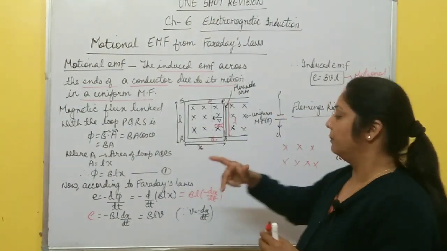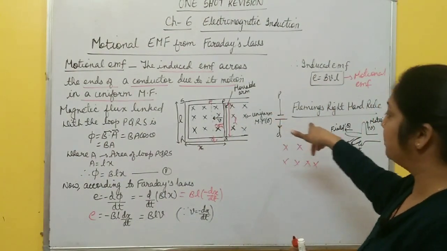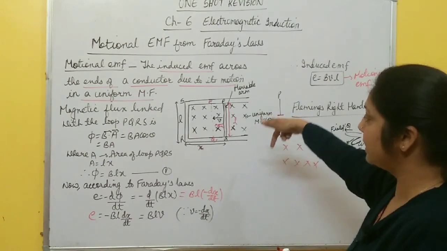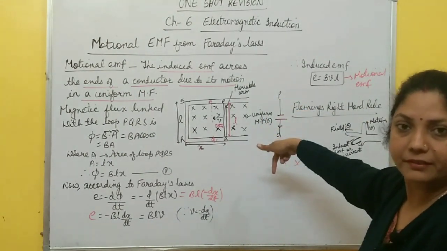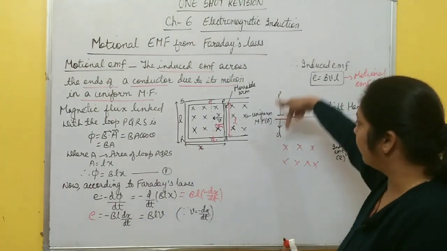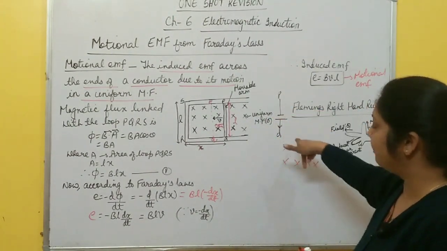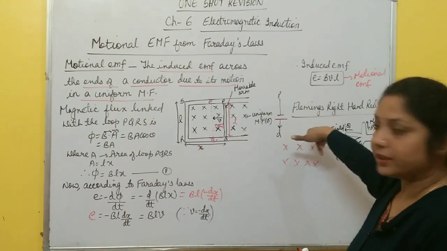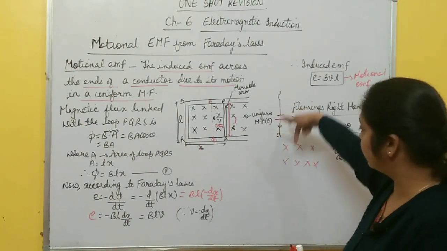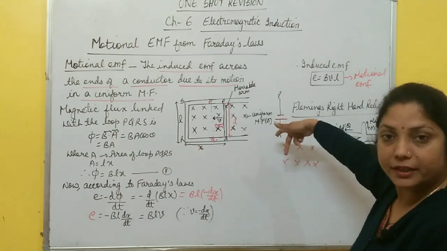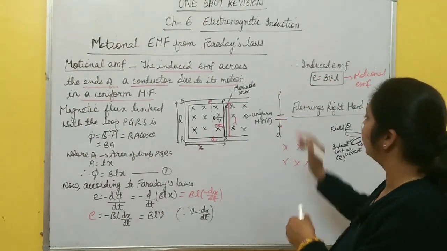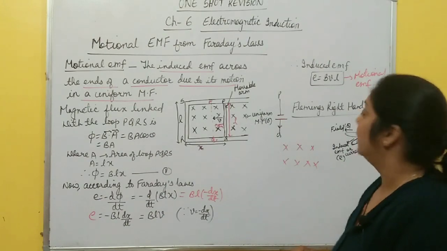So the magnetic field is inward, you put your thumb to the left, then the middle finger represents the direction of the positive terminal of the battery, and it is downward. So the downward side is the positive terminal.